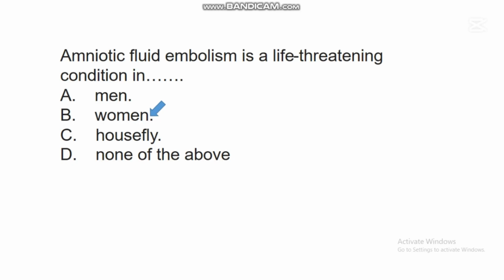This amniotic fluid embolism is a life-threatening condition in a lot of women. This is one of the things that scientists encounter while handling pregnant women in different environments.